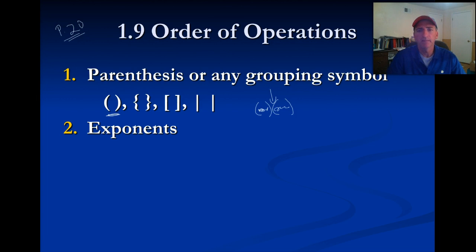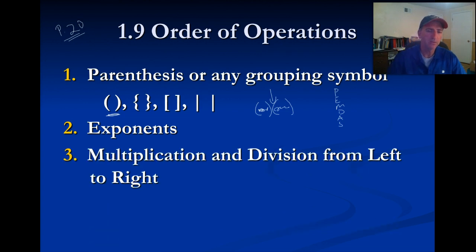I mentioned that some people have been taught wrong. Some people have been taught this rule right here: PEMDAS, the famous sentence is, "Please excuse my dear Aunt Sally." There's a problem with that because the next thing you're supposed to do is multiplication and division from left to right. And that's where it's been incorrectly taught.